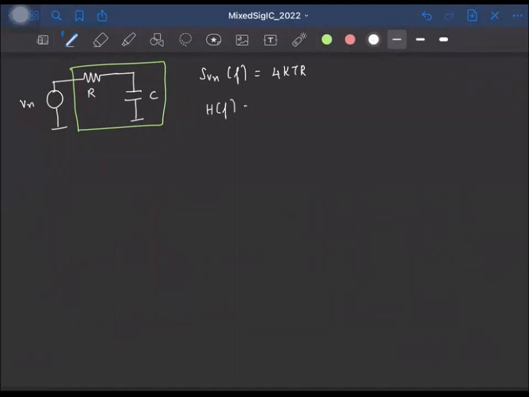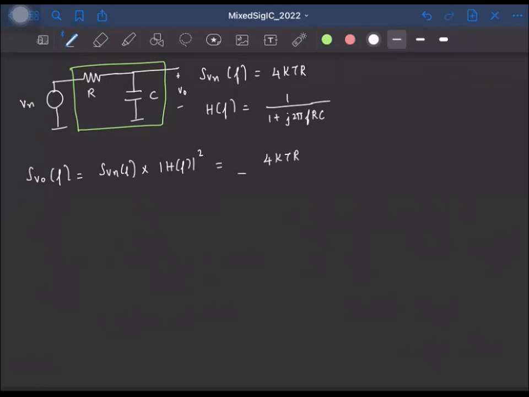H of f is simply 1 by 1 plus j 2 pi f RC, right? So we know that the output power spectral density, if I call it S V naught of f, is the input power spectral density times mod H of f squared. So this is simply equal to 4kTR by 1 plus 4 pi squared f squared R squared C squared. Okay, so this is the output power spectral density.